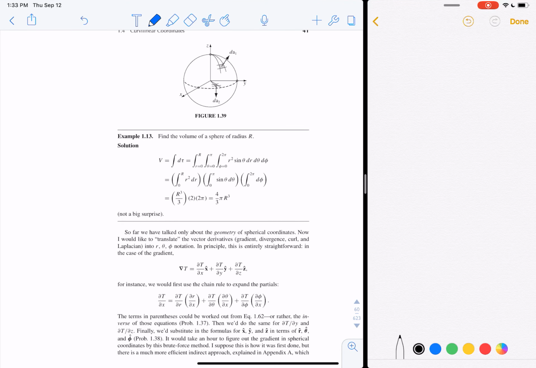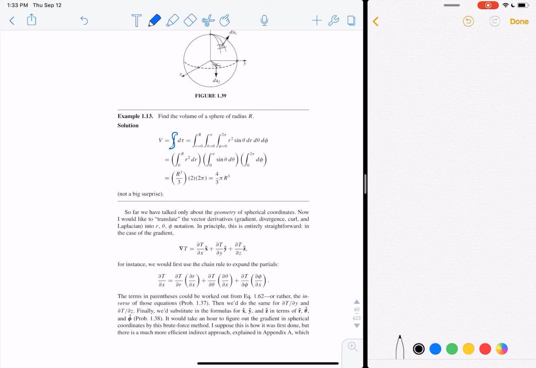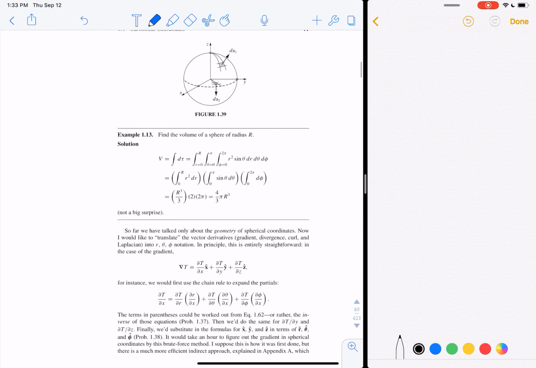So if you want to find the volume of a sphere, you integrate over your volume element. Okay, integral over d tau. You're integrating from the center of the sphere out to the radius, so 0 to r, and then you're going from up to down to the equator, sweeping through the circle from 0 to pi, and then you're sweeping all the way around.